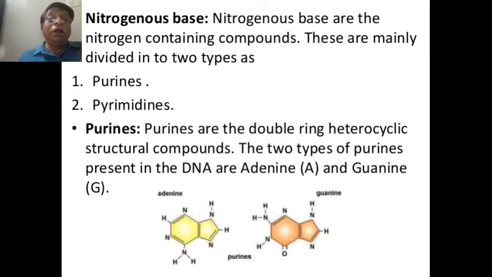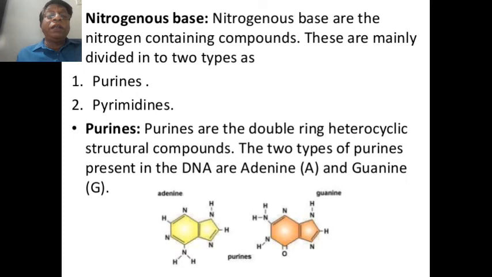Purines are the double ring heterocyclic compounds. Double ring means having a benzene ring and an amide group. Thus, two rings are there.